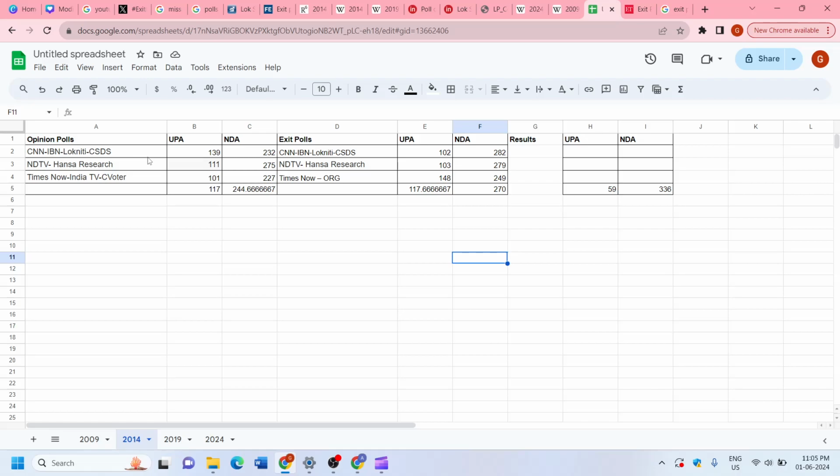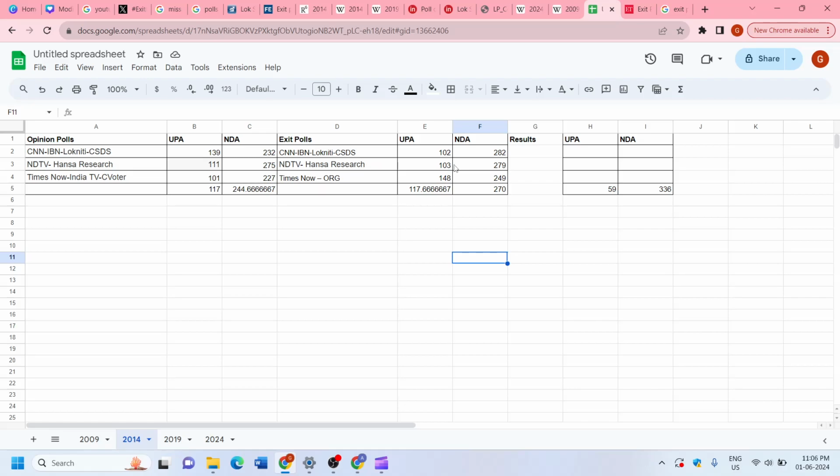The CNN IBN Lokniti CSDS opinion poll, this is for the 2014 election, showed UPA getting 139 seats and NDA getting 232 seats. Then the exit polls showed NDA getting much more, 282, and UPA getting much less, 102. The NDTV Hansa Research opinion poll showed UPA getting 111 seats and NDA getting 275.